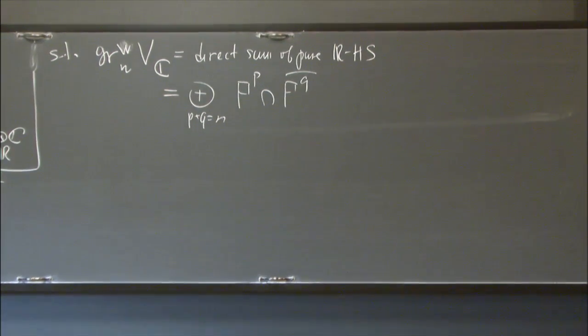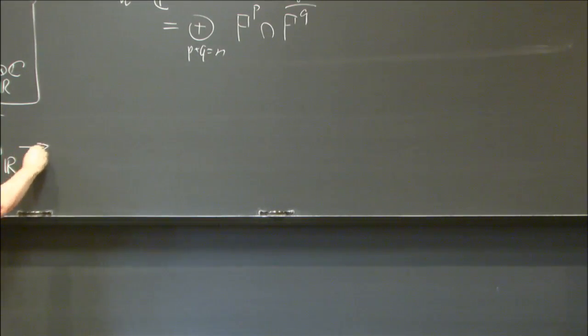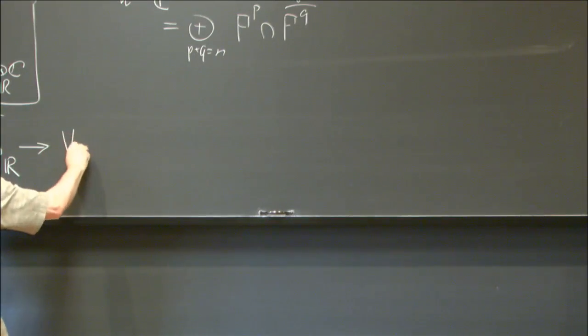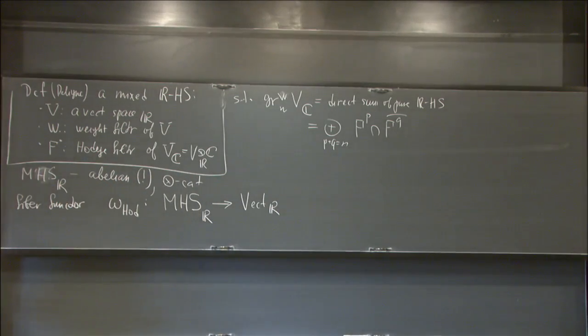So there's a fiber functor, the Hodge fiber functor, which takes us from the category of mixed Hodge structures over R to the category of real vector spaces. Actually, there are two functors.